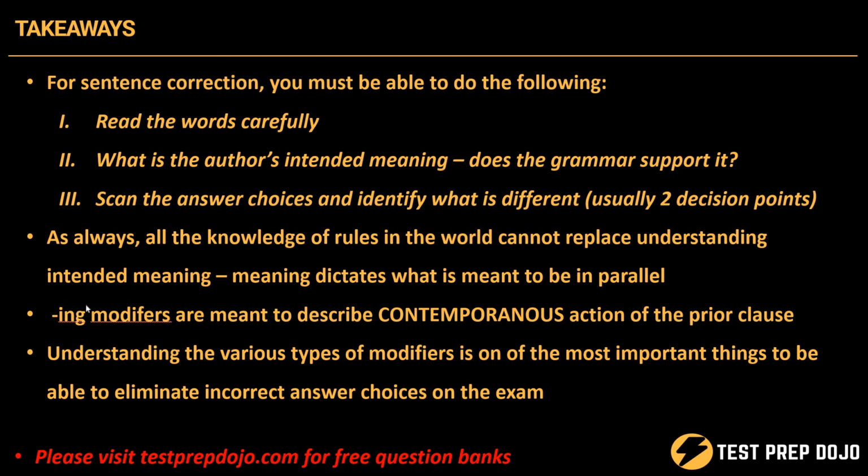Check for parallelism, understand, does the parallelism serve the intended meaning? Do verb tenses have to be in the same tense to be parallel? No. There could be issues where it better serves the meaning for them not to be in the same tense. So just keep that in mind. Always balance the grammatical rules with intended meaning.